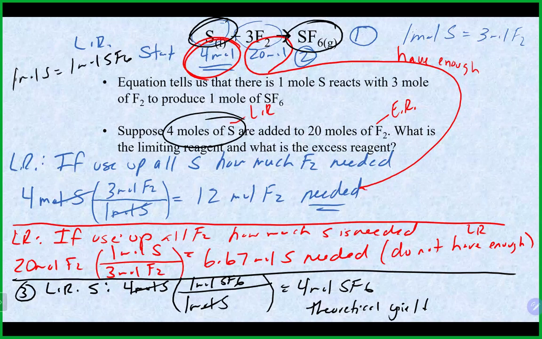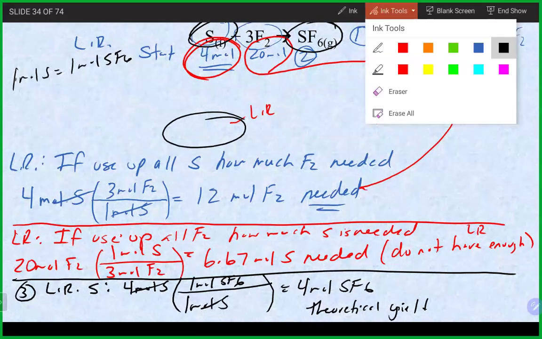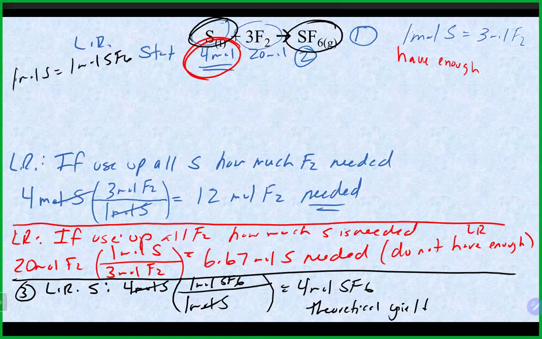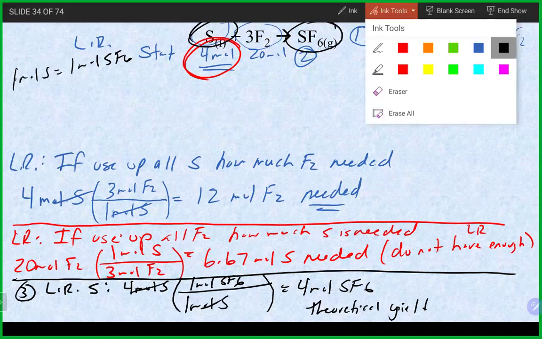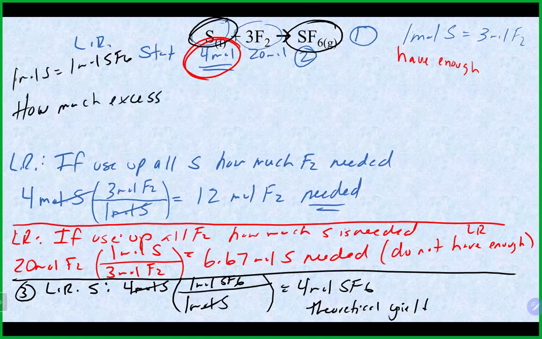All right, so in addition, the nice thing about doing this method is, for example, if I wanted to know how much of my excess reagent is left over, right? So let's just say I want to know, in addition, how much of my excess reagent is left over. I could actually use this calculation that I did first here, which is I know I need 12 moles of my excess reagent.